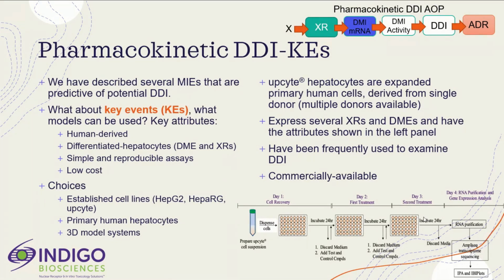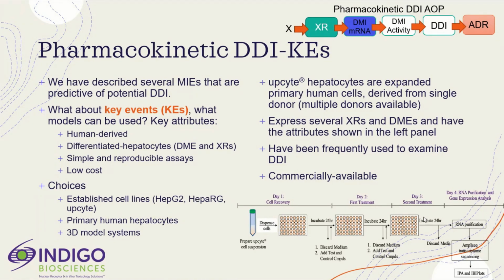So we want to be able to look at liver-specific induction of CYP1A1 or effects on CYP1A1, the phase 2 enzymes like the UGTs, and the transporters. But we want this to be a human system so that we can look at the human metabolism and changes in pharmacokinetics. We want the cells to express all of these drug metabolism enzymes as well as the receptors.